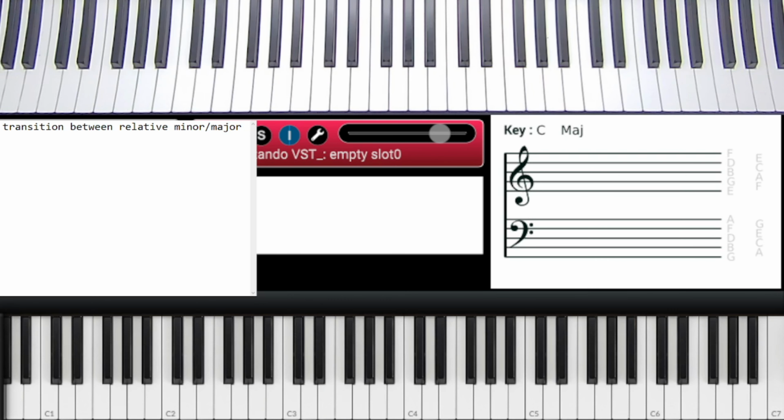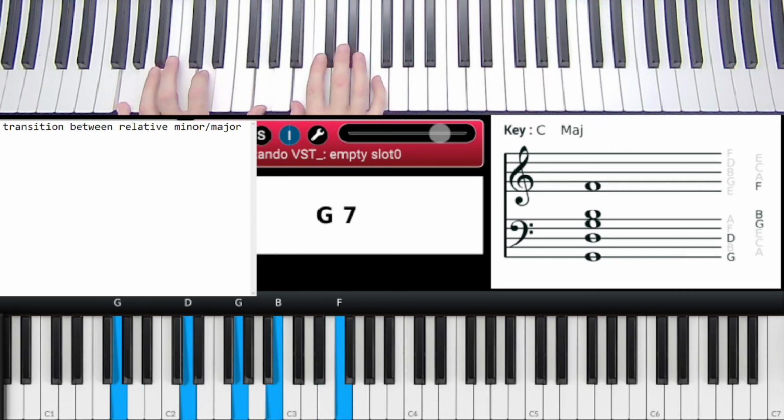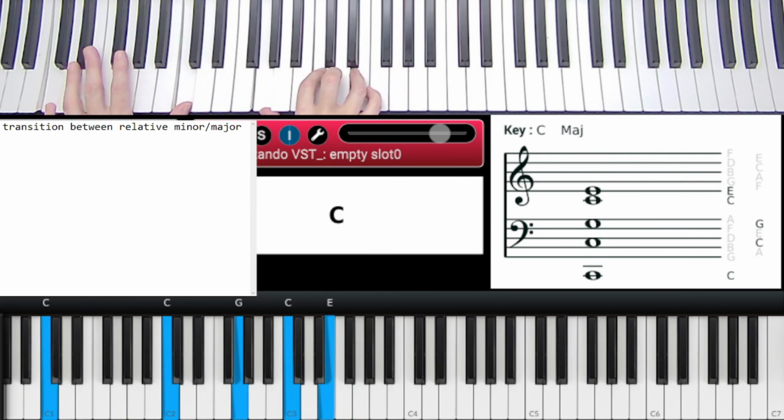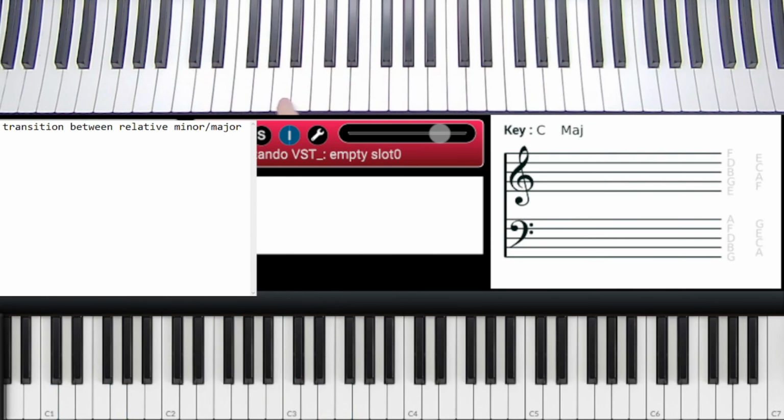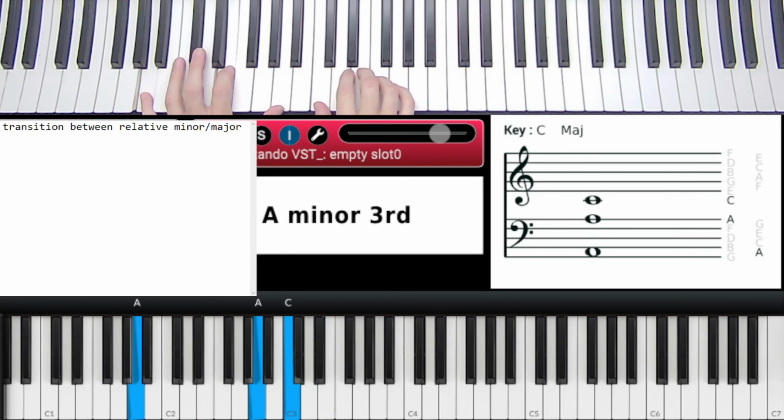So we could do something like A minor 7 to 1 to C major, to the G dominant 7 and then to C. So now let's do it musically.